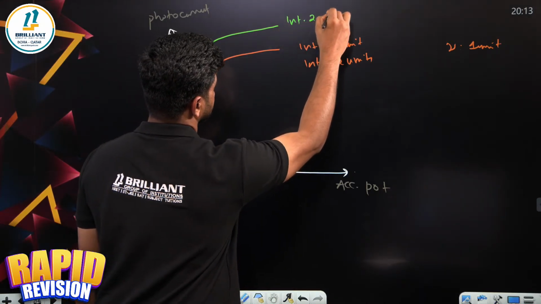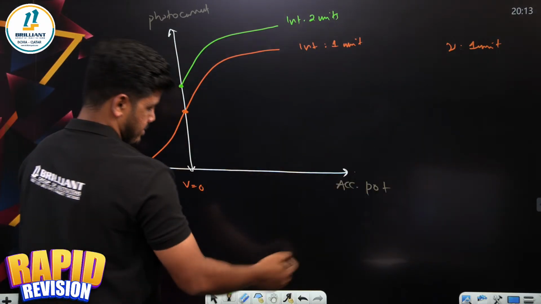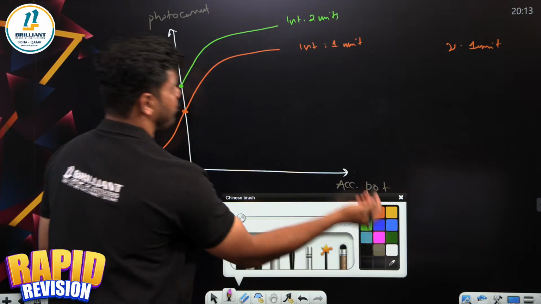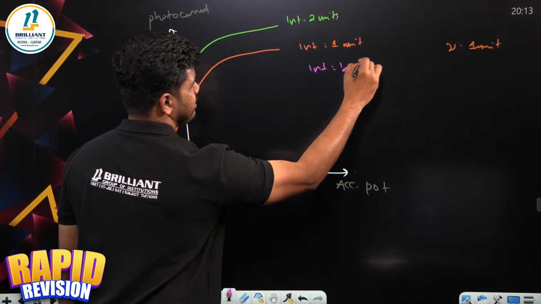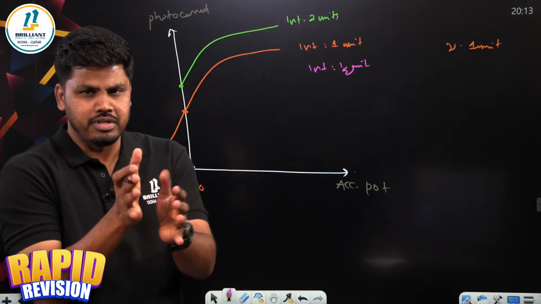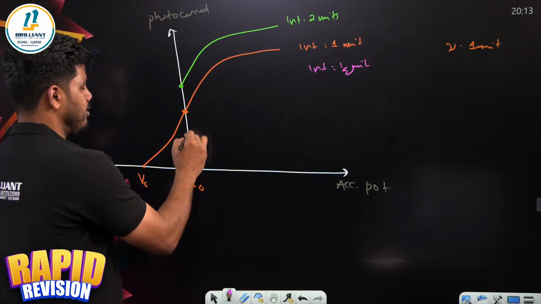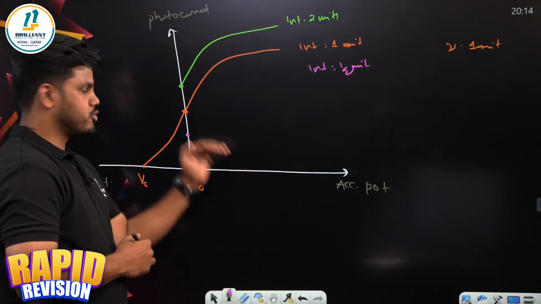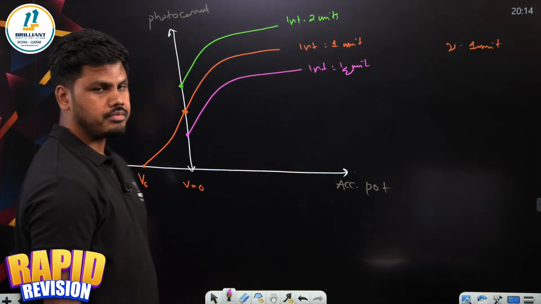Okay, then what happens if I reduce the intensity? If I reduce the intensity to, for example, half a unit, just for a comparative study only, 1 unit and then half a unit, the intensity is reduced, so current will be reduced. So current is varying like this.